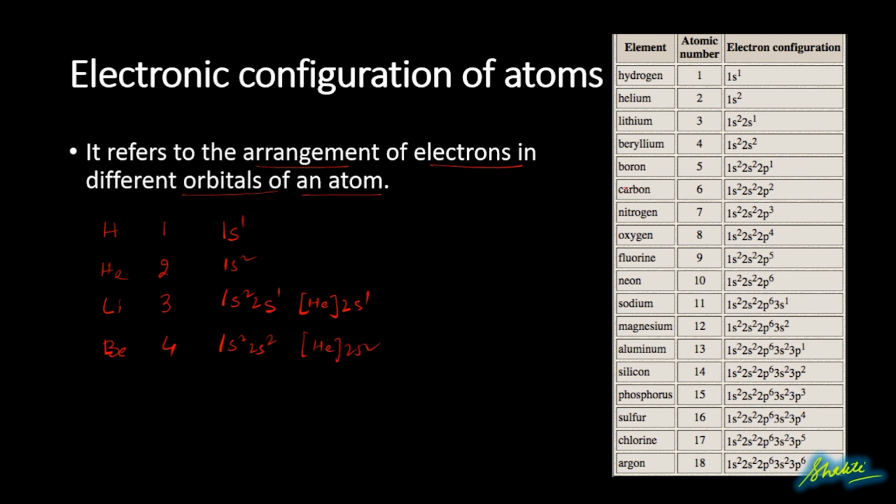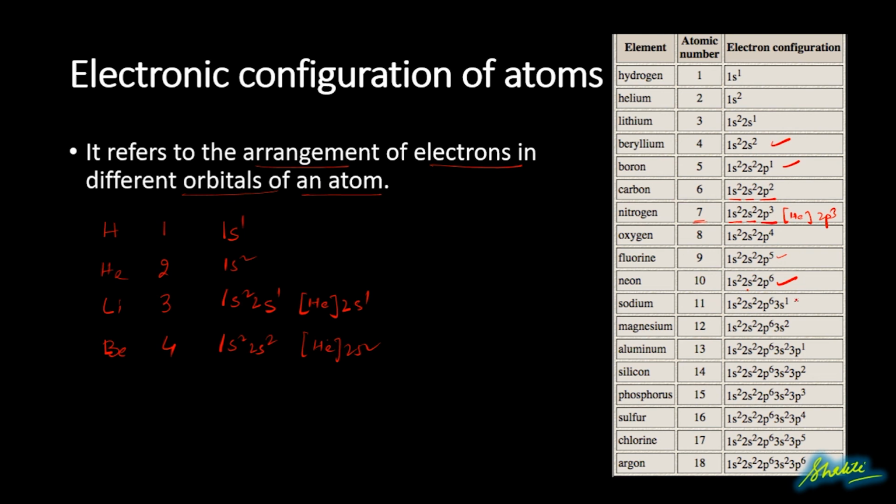Here we can see the configurations of beryllium, and then boron, then carbon, 6, 1s2 2s2 2p2, nitrogen, 7, 1s2 2s2 2p3, or we can write it as helium and 2p3, and then fluorine 1s2 2s2 2p5. Here neon is 1s2 2s2 2p6, and after neon there is sodium.